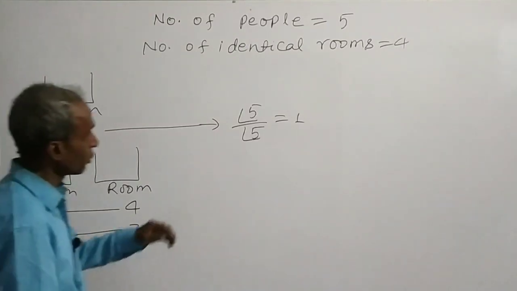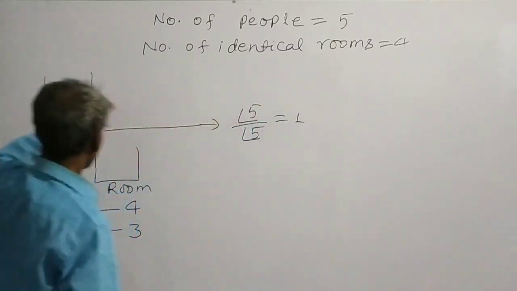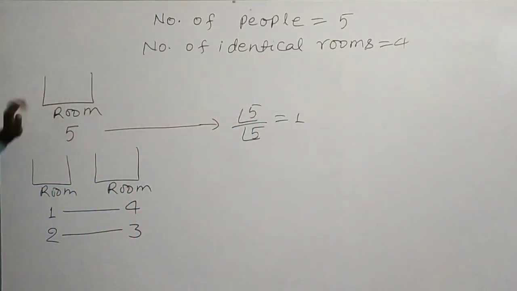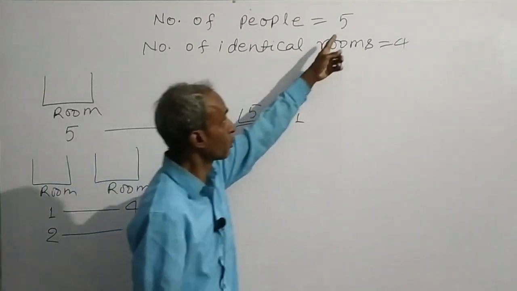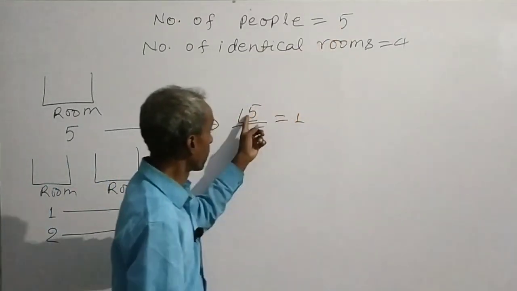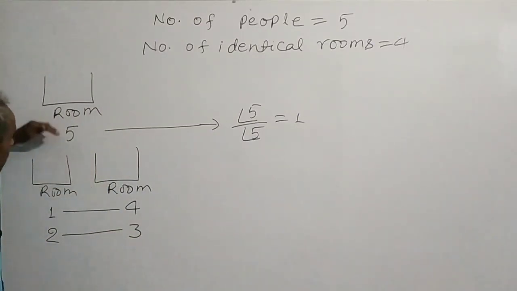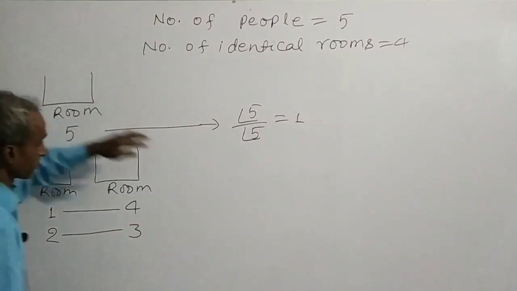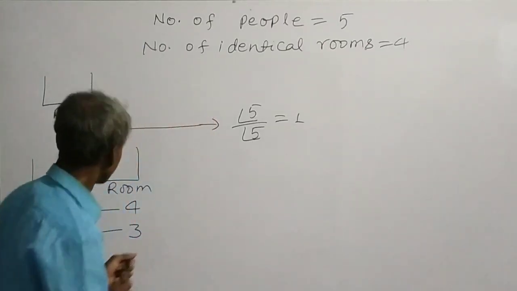When we distribute these 5 people in 1 room, the number of ways will be factorial 5, the factorial of the total number of things divided by the factorial of the number of things in 1 box. This will be equal to 1.